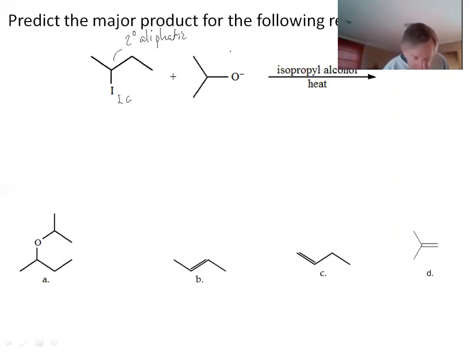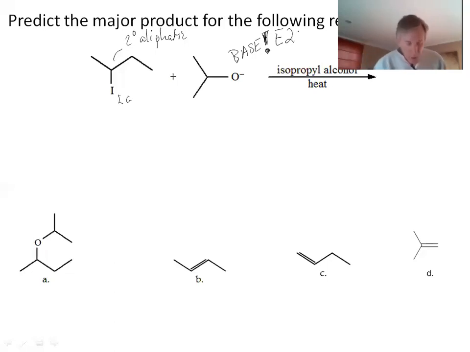This O minus means it is a very strong base. This will favor E2 on everything other than a primary aliphatic carbon. Okay? So this is going to be an E2 reaction.